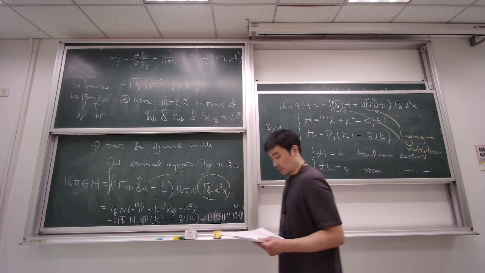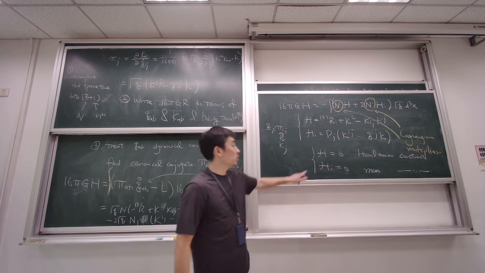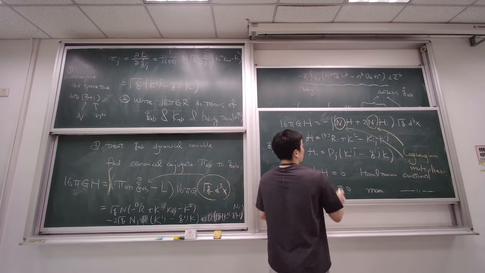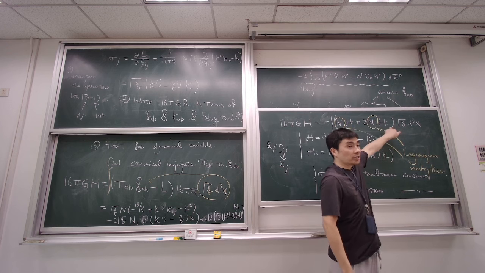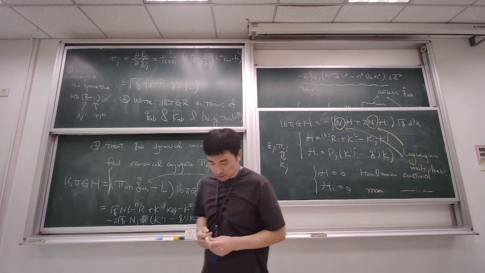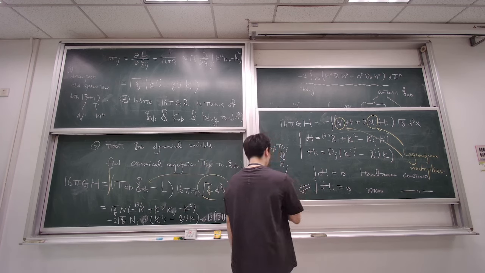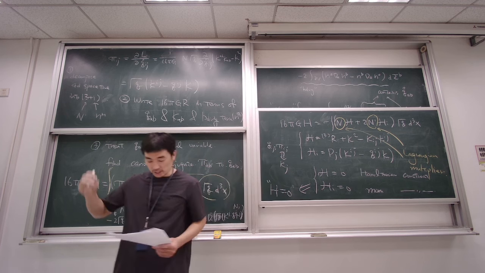The H hat and H_i hat should vanish. So consequently, this will give you the total Hamiltonian equal to 0 somehow, from the bulk analysis.